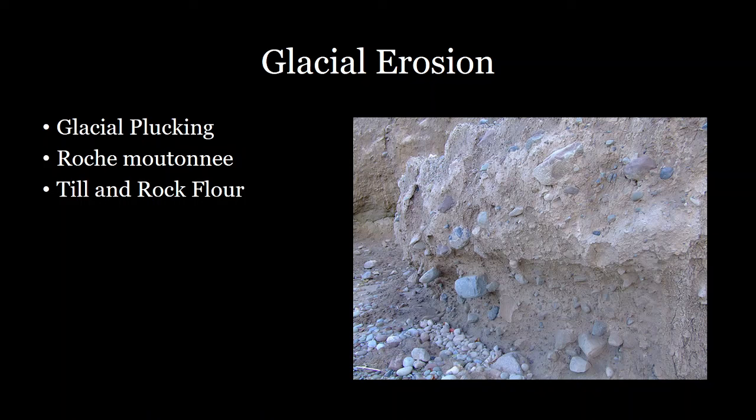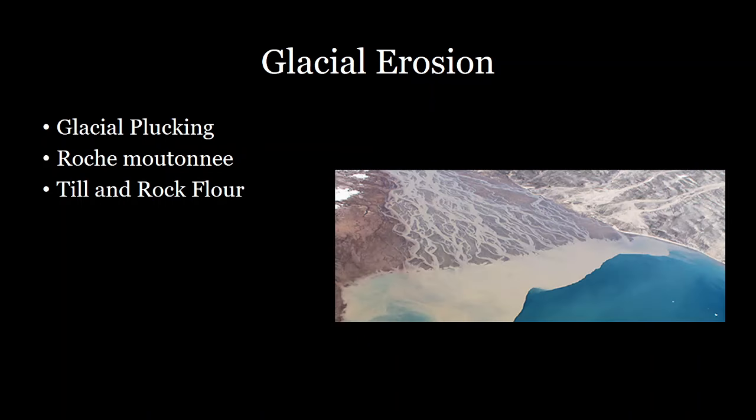Additionally, glaciers grind up rocks very easily, and the result of that grinding process is rock flour. It's a sediment that's very fine grained, so it's silts and clays produced by the grinding of rock underneath a glacier. And rock flour can go into a river or a fjord and change the color.